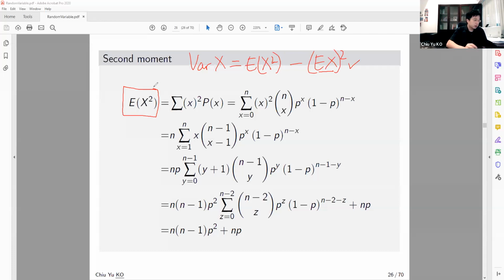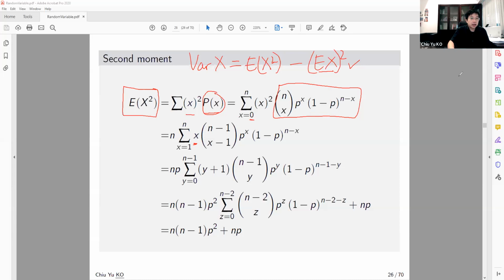You can see the math is very similar to what we had in the previous slide. So the expected value of x squared is the summation of x squared times p of x. Then you just replace p of x by this expression. Because we start from 0, and x equal to 0 times anything is 0, you can just start from 1.